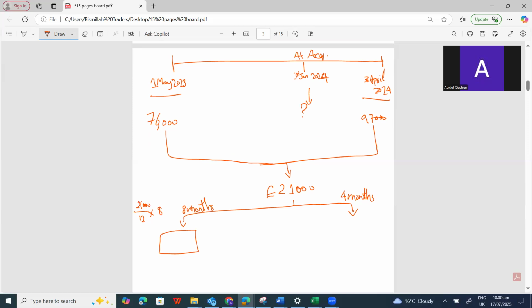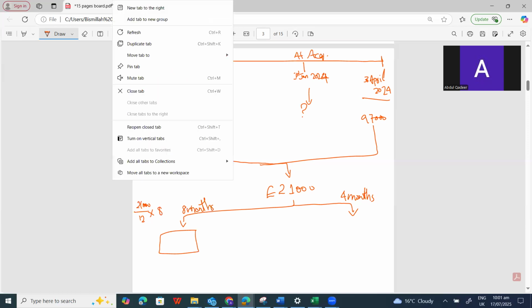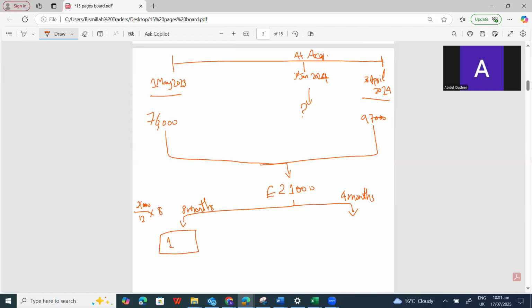And how much is this? When you calculate 21,000 divided by 12 multiplied by 8, this comes to 14,000 pounds. And then the next 4 months is 7,000 pounds.